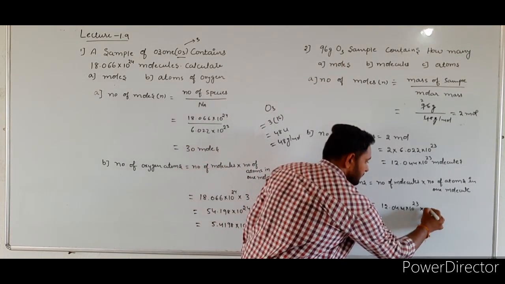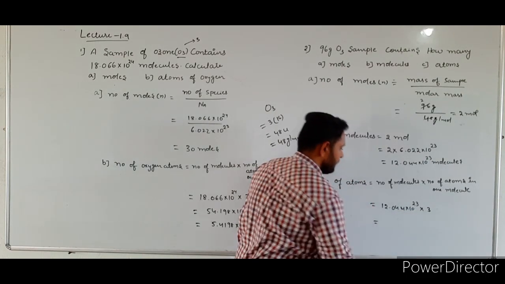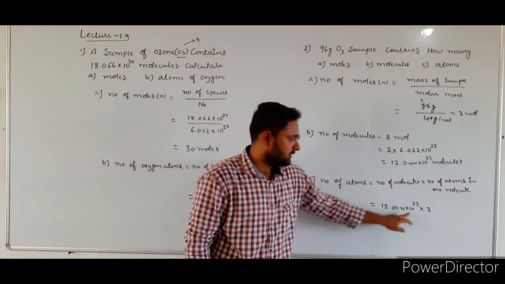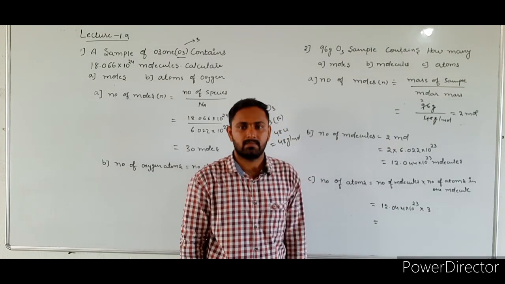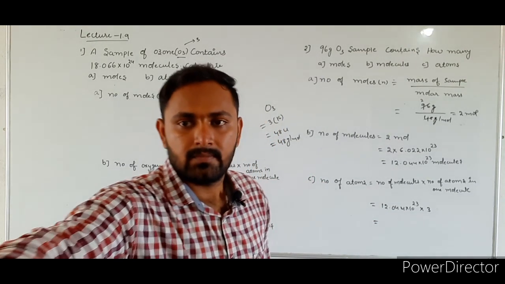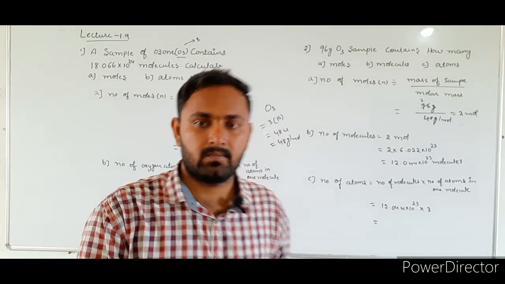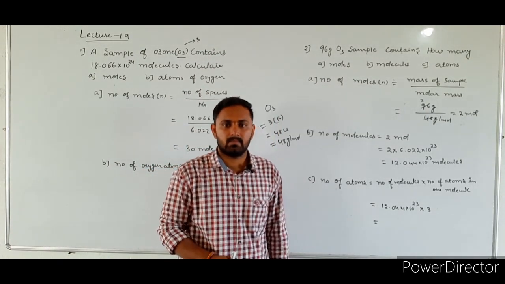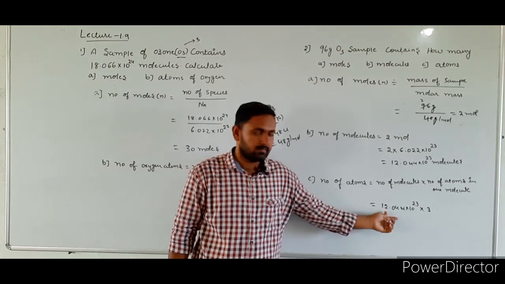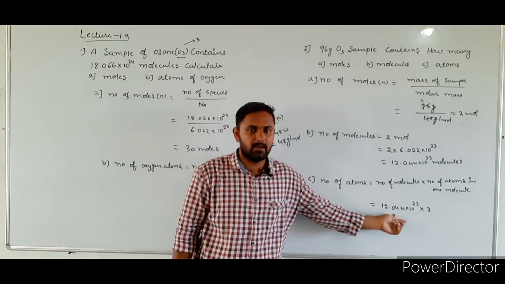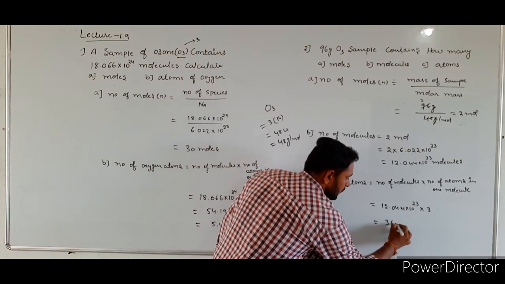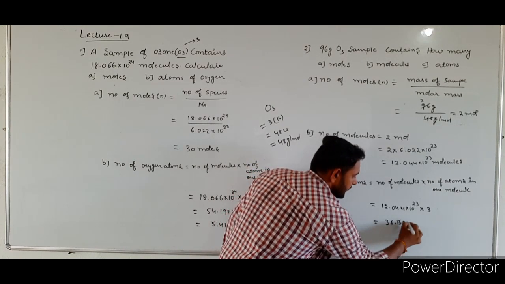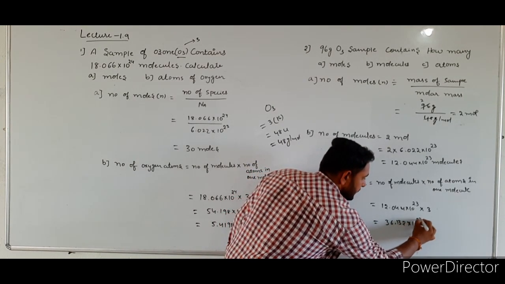Now multiply with 3. You will get the number of atoms. Multiply these two numbers. After multiplication you will get 36.132 into 10 power 23 atoms.